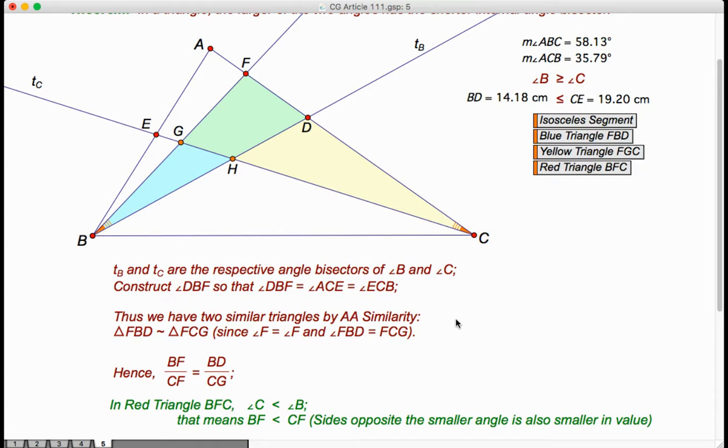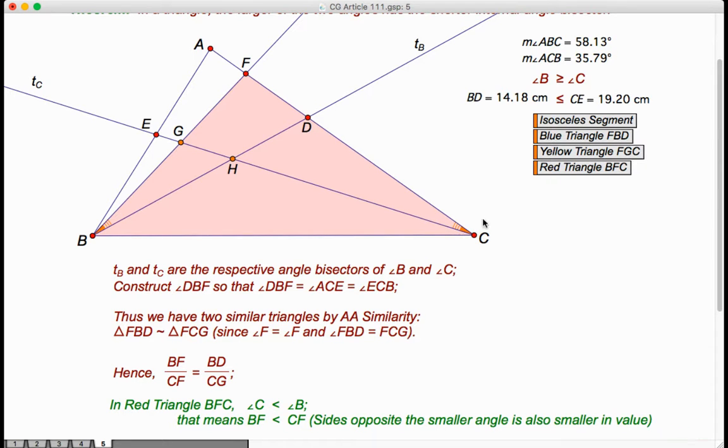However, let us hide first the blue and the yellow, and let's focus on the red triangle BFC. In this particular triangle, angle B is larger in value than angle C. And that's based on the given condition.